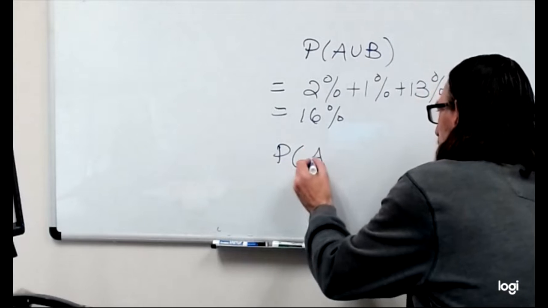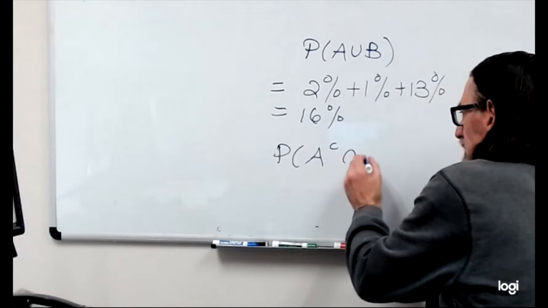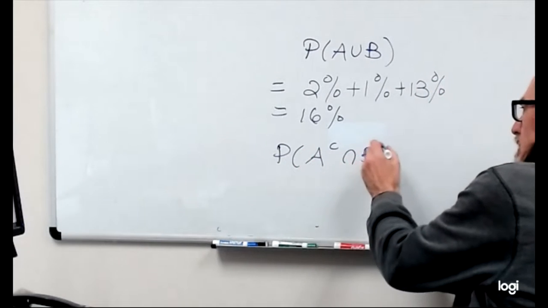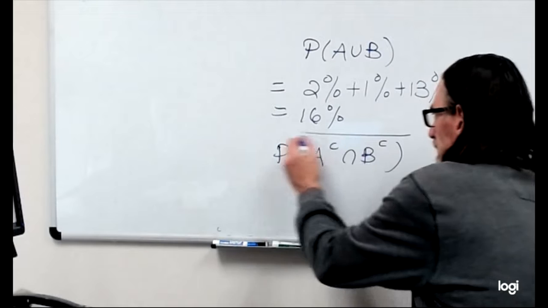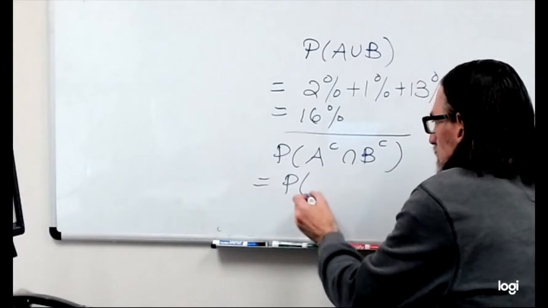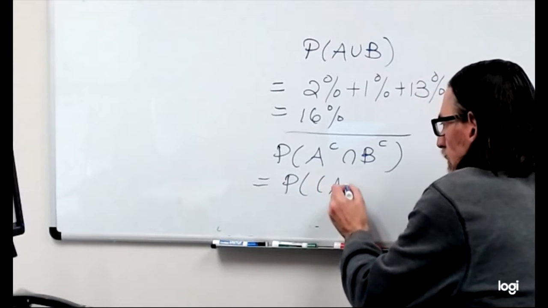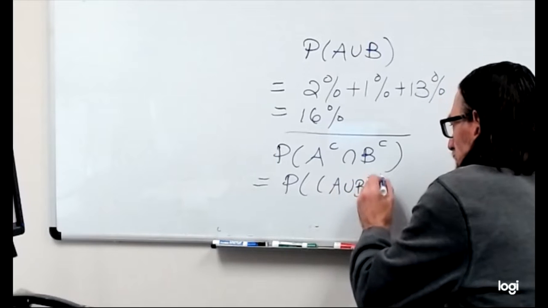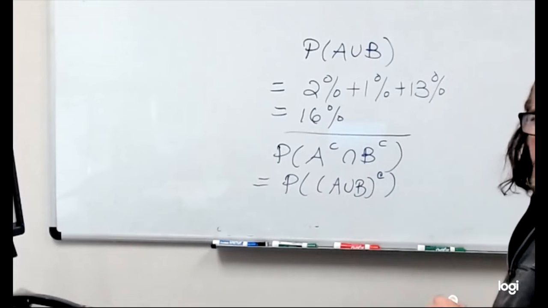The probability that neither happens, A does not happen and B does not happen. That event, according to one of De Morgan's laws, is the complement of the union.